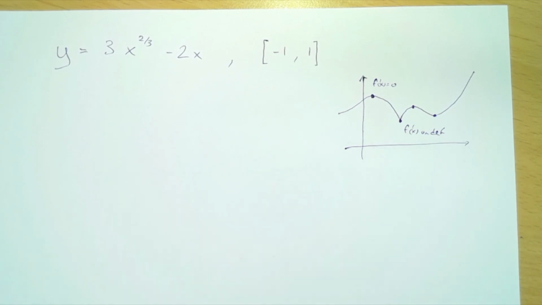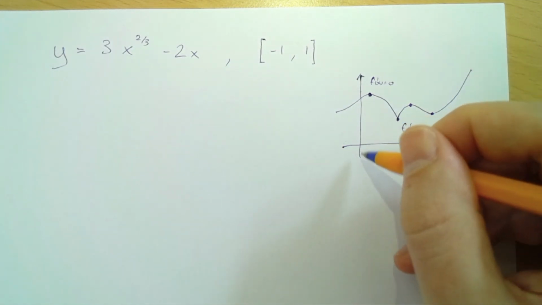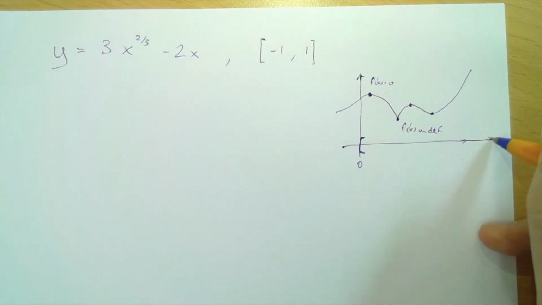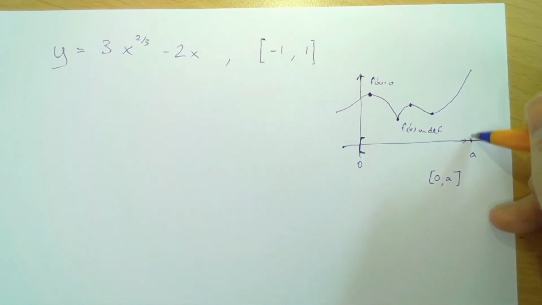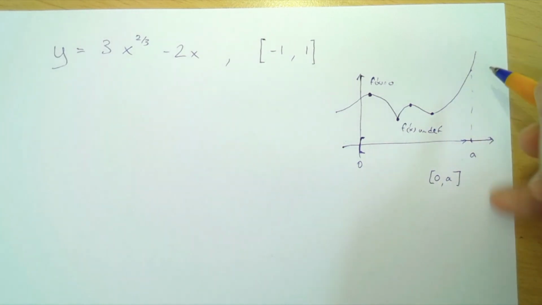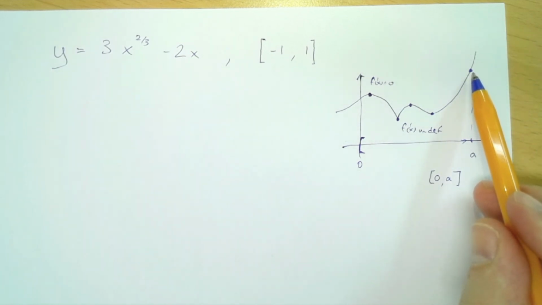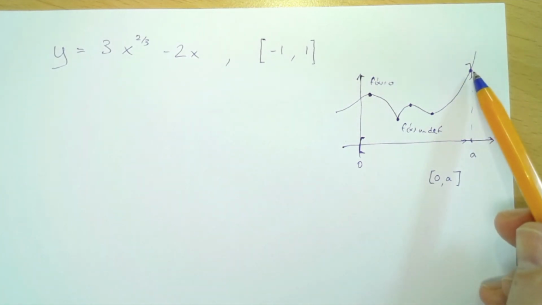But when you have a closed interval, suddenly you add another possibility. For example, if the closed interval is from 0, so we're starting at 0, to this number here, a, if the closed interval is 0a, now suddenly a will yield an absolute maximum, or also a relative maximum, because it's higher than every other point in the interval given.